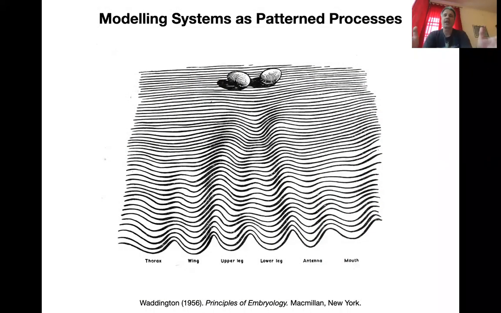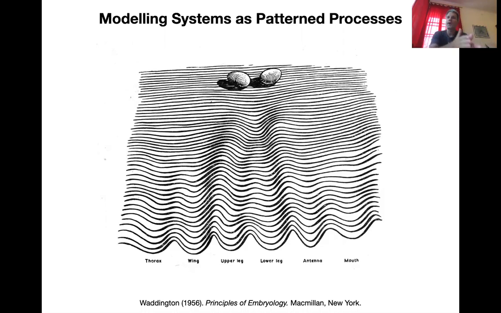So let's just recap very briefly where we left off. I was telling you about actual systems being pattern processes in nature, and that we wanted to have some sort of formal modeling approach, a formal perspective on those processes to get a mechanistic explanation. So we want to understand how these processes look in a causal manner.